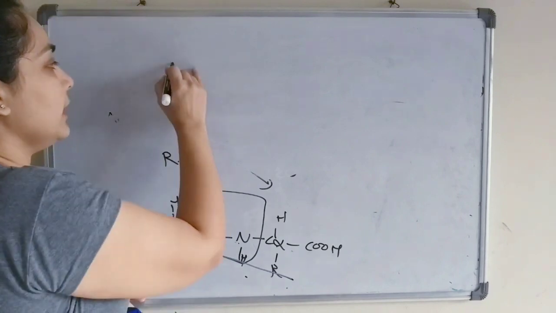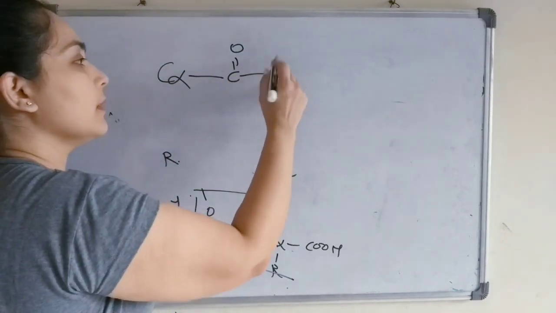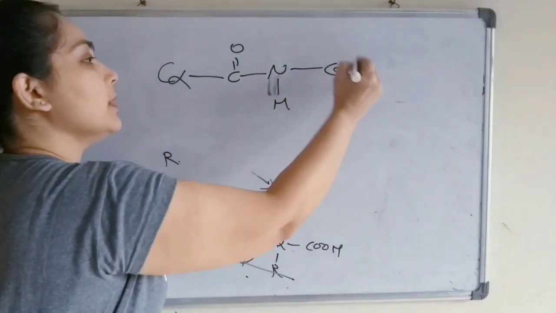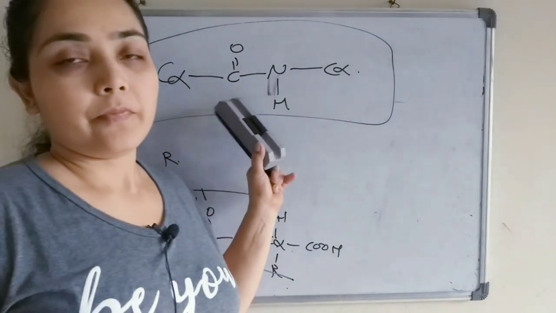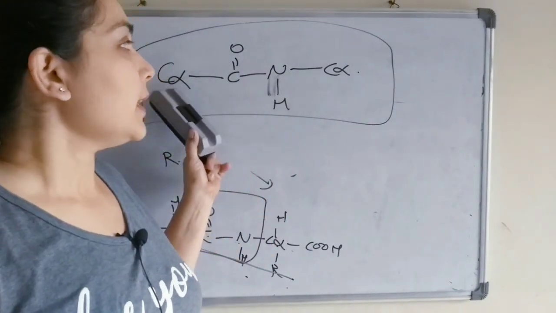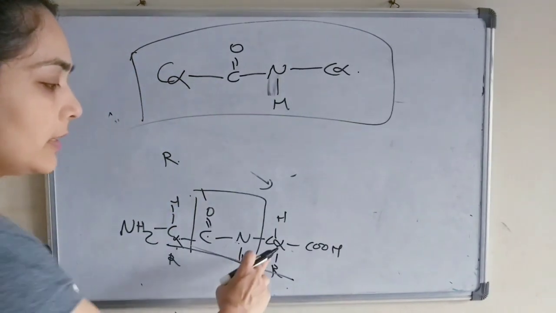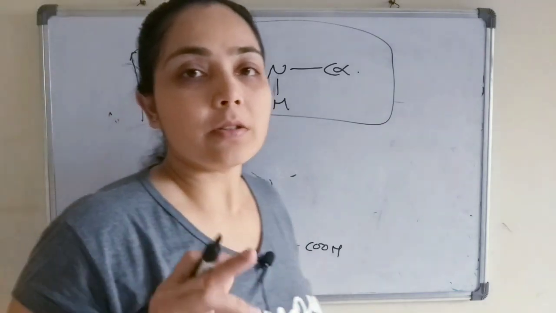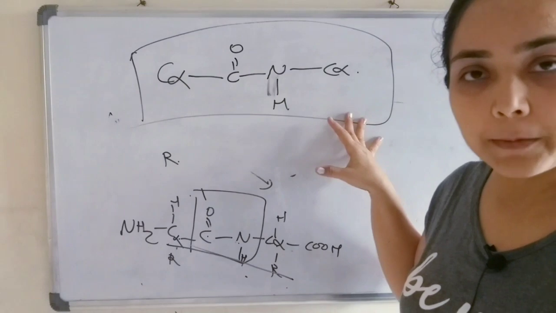So we can write it as a peptide bond. Okay. So this is very important. C alpha, C double bond O, NH, C alpha, and you understand from where the alpha is coming, because carbon next to the functional group is known as the alpha carbon atom. So this is actually the peptide bond.